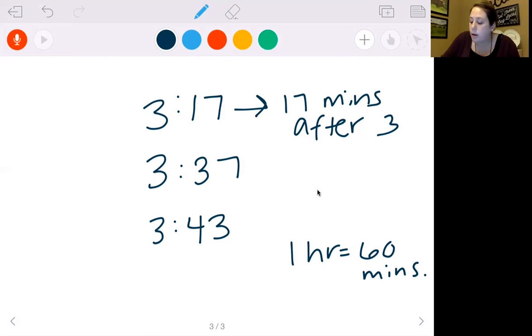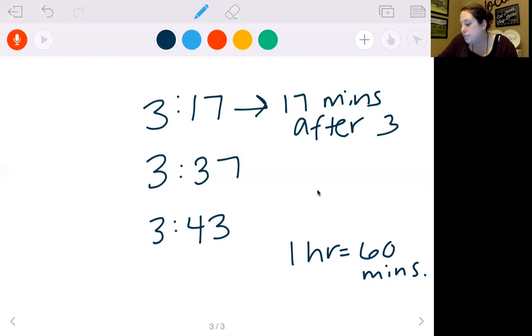So we have to borrow. We're going to make that a 10 and that a 5. 10 minus 7 is 3. 5 minus 3 is 2. So this means there are 23 minutes until 4 o'clock, till the next hour, right? So that means that B is going to be our answer.